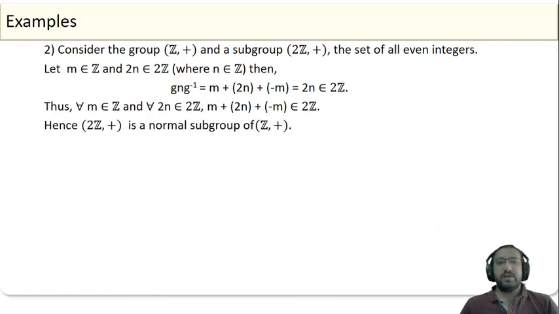Therefore, the set of even integers with respect to addition is a normal subgroup of Z with respect to addition.